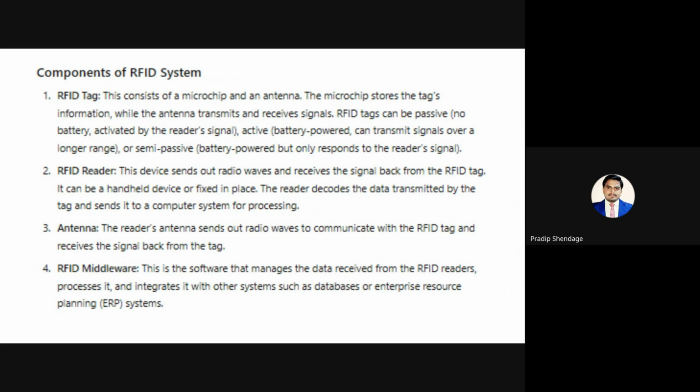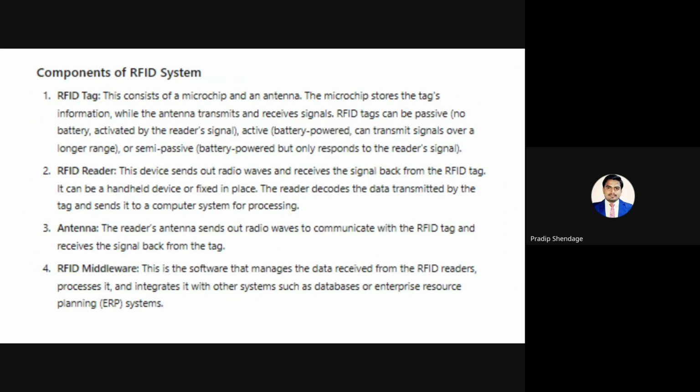Passive means there is no need of battery. It is activated by the reader's signals, whatever signals are sent through the antenna. Active tags are always powered and can transmit signals over a longer range. And the third type is semi-passive, which is battery powered but can only respond to the reader signal.